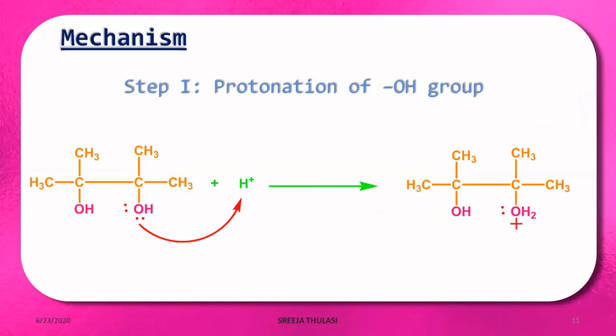The first step is the protonation of any one of the OH groups in the presence of an acid. The lone pair of the oxygen atom attacks the H+ ion, whereby we get an oxonium ion, that is OH2+. Now this is a good leaving group.